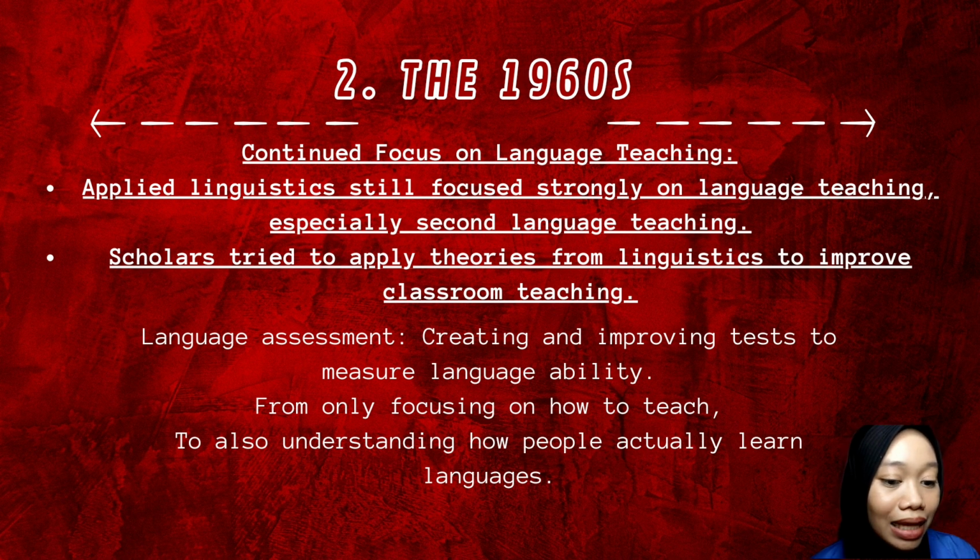Scholars tried to apply theories from linguistics to improve classroom teaching, language assessment, grading, and improving tests to measure language ability, moving from only focusing on how to teach to also understanding how people actually learn the language. So the 1960s focused on language assessment.